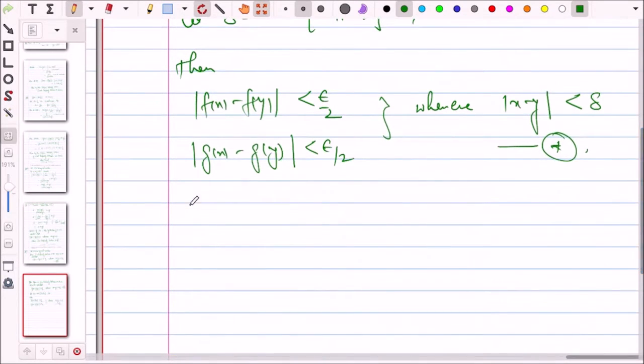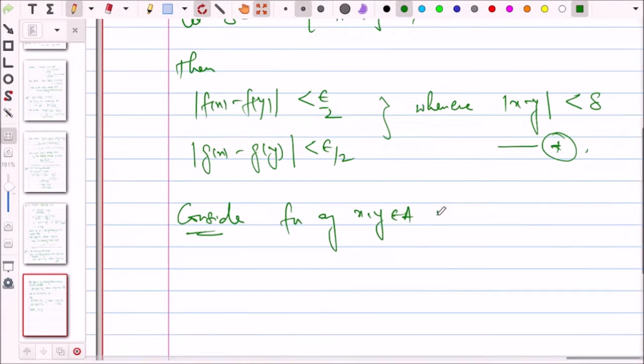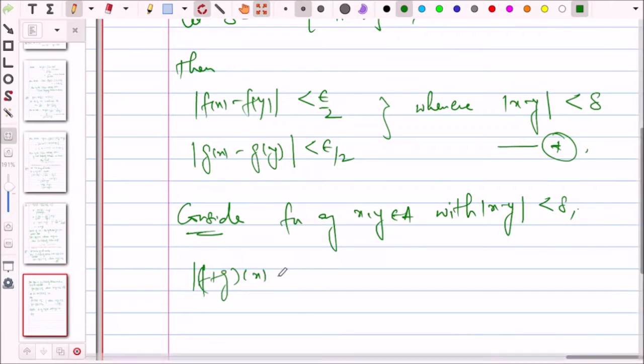So now consider, for any x, y belonging to A with |x - y| less than delta, (f+g)(x) - (f+g)(y).